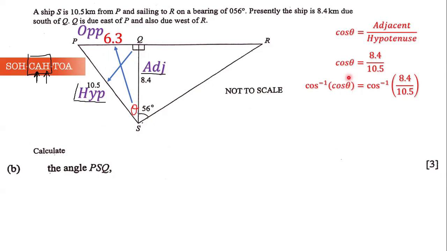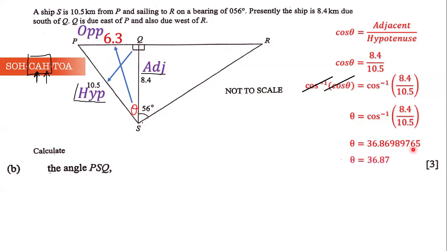When we do that, we're able to cancel this cosine with this cos. And so we are left with theta is equal to cosine inverse of 8.4 all over 10.5. Cosine inverse of 8.4 over 10.5 is 36.86989765. And so that's the answer.